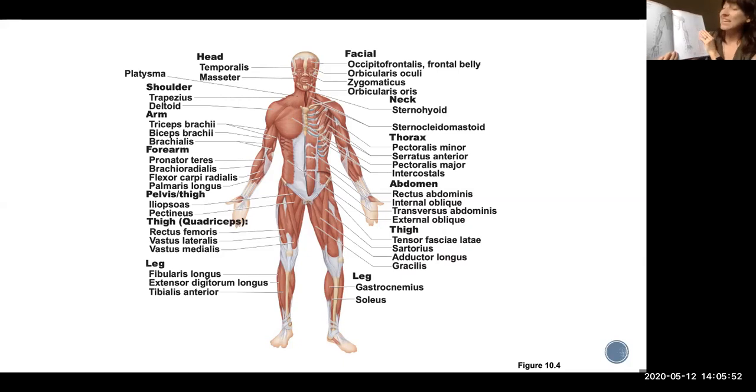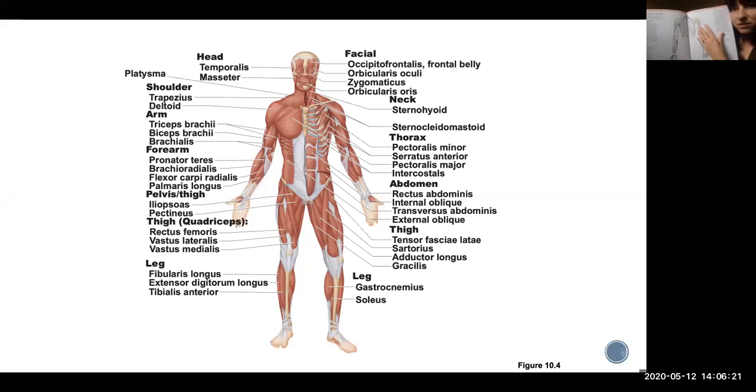What may be confusing, and I can see very clearly why, is that this muscle on the superficial side is labeled the biceps brachii, and what appears to be the same muscle over here is labeled the brachialis. So the difference between the biceps brachii and the brachialis is that one is superficial and the other is deep.